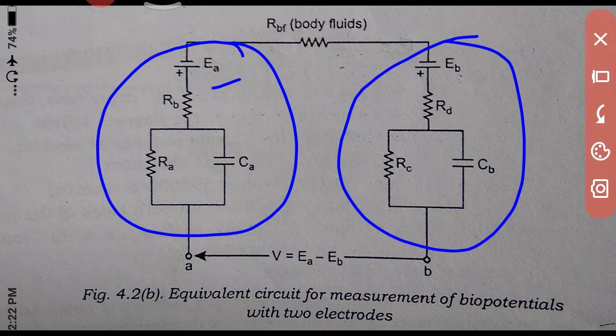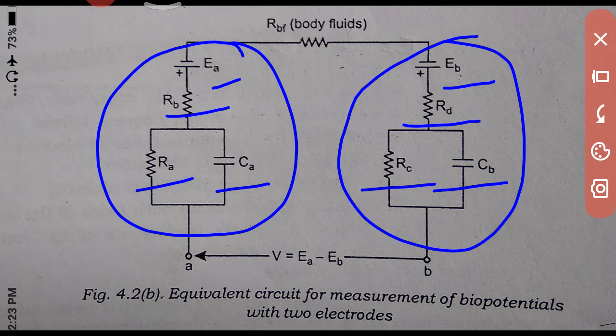The potential across the second electrode is EB, and RB is the resistance of the solution of the first electrode, and the resistance of the solution of the second electrode is RD. The impedance of the electrode and electrolyte of the first electrode is RA and CA, and of the second electrode is RC and CB.